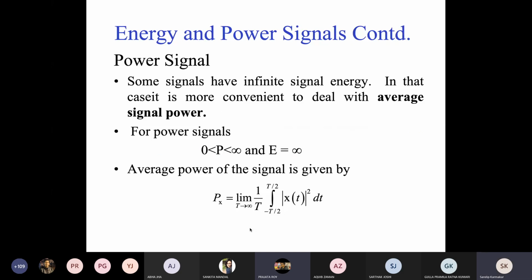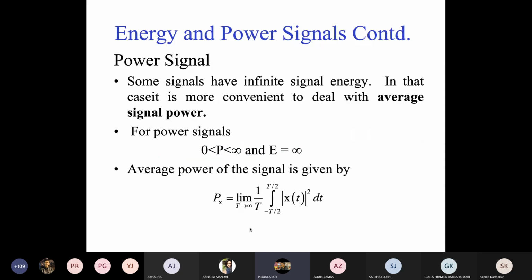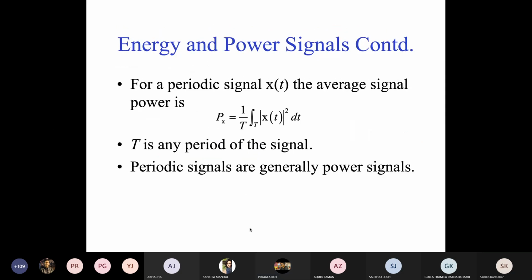Now, can you prove that the derivative of an even signal is odd? Yes, sir. We could prove it graphically. Analytically it would be a bit more complex. No, analytically also it's easy. Just take the derivative.